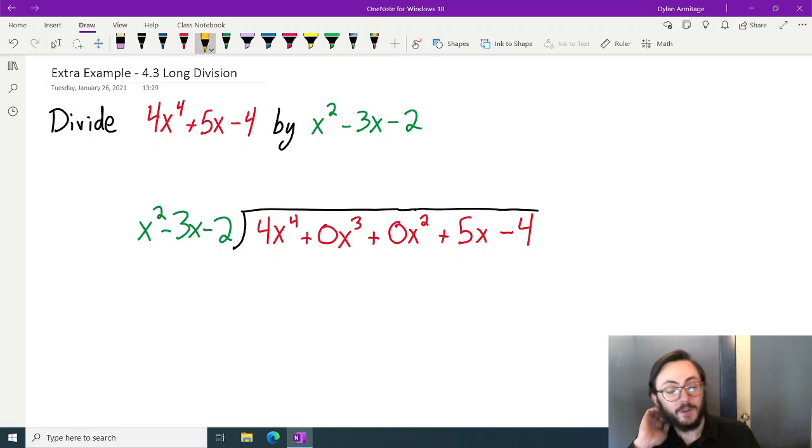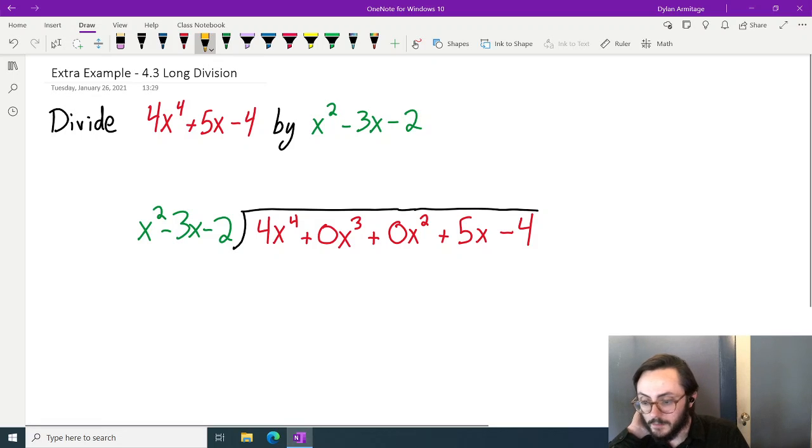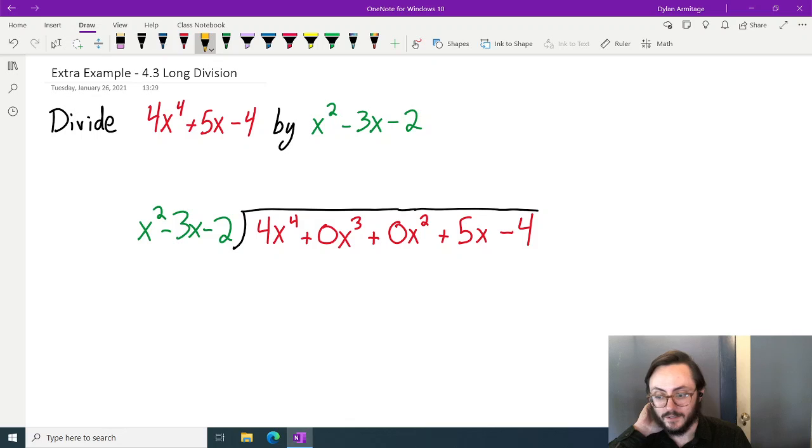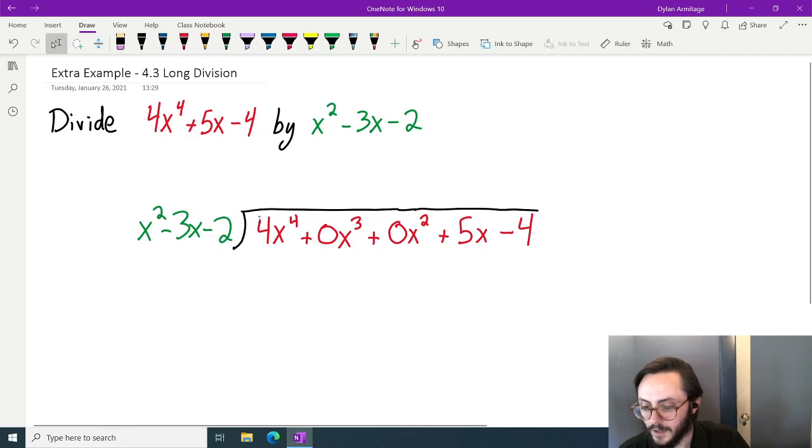So the first thing we need to know is what to multiply by. What should go on top here to make everything work out? We find that out by asking: does our entire divisor go into just 4x to the fourth?